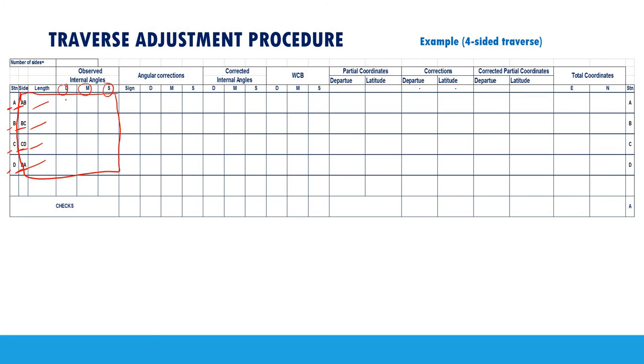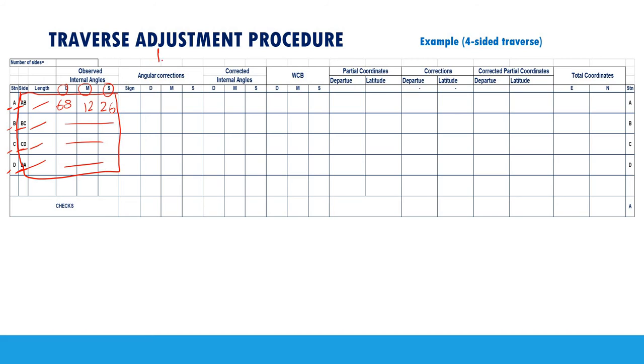For example, if it's 68 degrees, I will write it like this: 68 degrees, 12 minutes and 26 seconds for station A. This is the internal angle at station A, and so on. So degree minute second format.